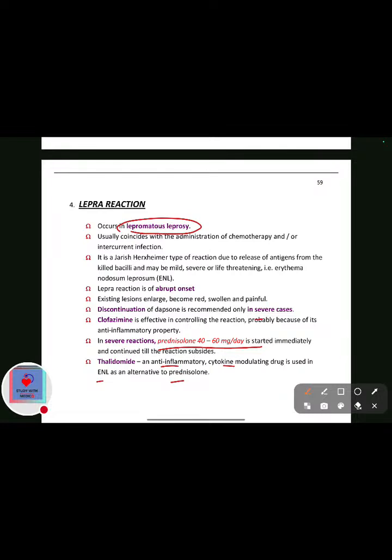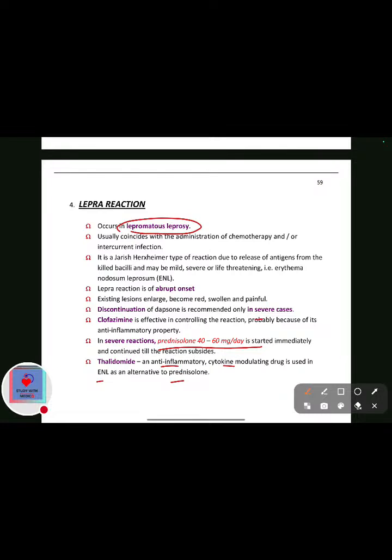Lepra reaction is of abrupt onset. The existing lesions enlarge, become red, swollen, and painful. They become big, red, swollen and painful. Discontinuation of dapsone is recommended only in severe cases. But clofazimine is effective in controlling the reaction; it is also anti-inflammatory.